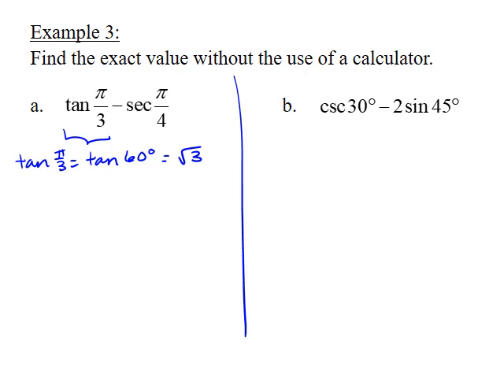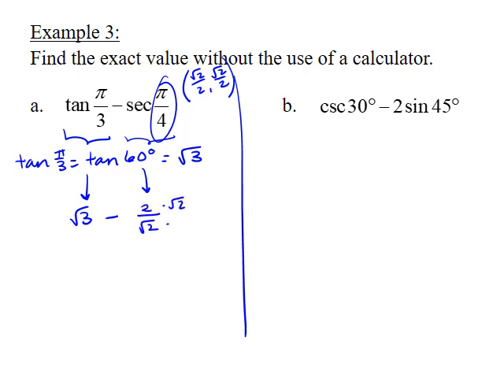Now, pi over 4. Remember that the corresponding ordered pair is root 2 over 2, root 2 over 2. So secant is the reciprocal of that. So this is root 3 minus secant of pi over 4, that's 2 over root 2.